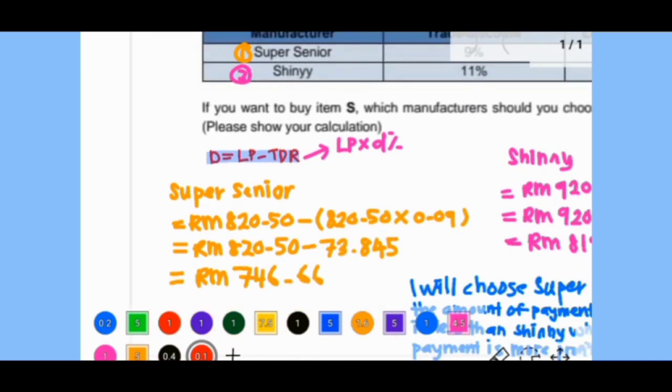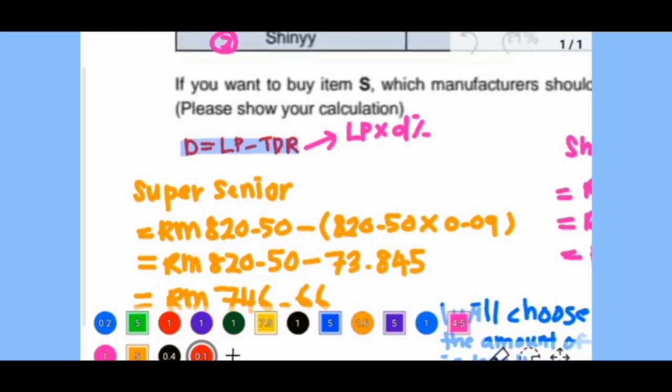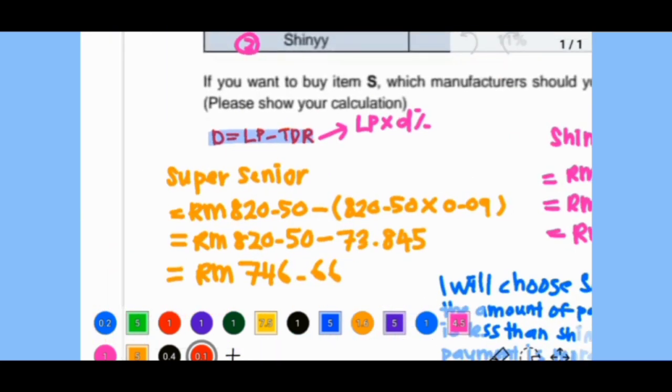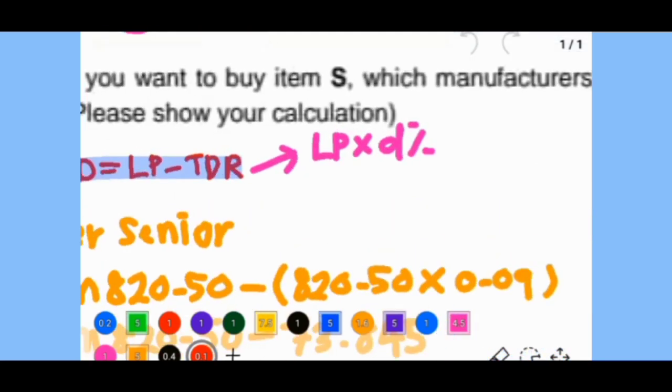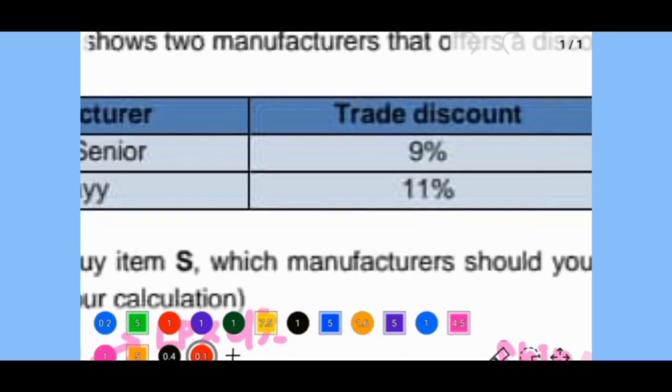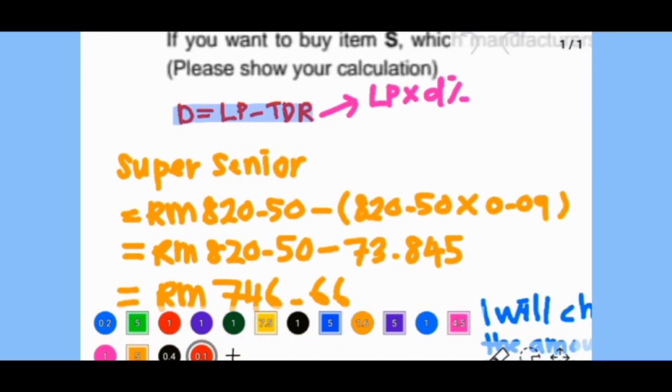So for Super Senior, the trade discount equals the list price, which is 820.50 cents, minus the trade discount amount. How to calculate it? List price times D, which is the discount rate. The trade discount is 9%. So 820.50 minus 820.50 times 0.09.